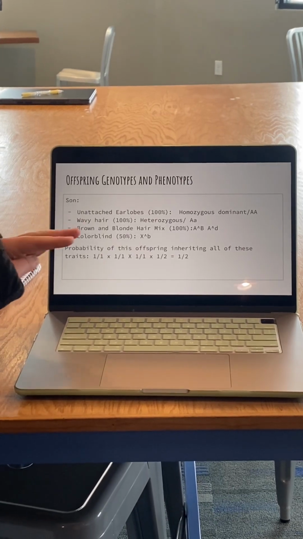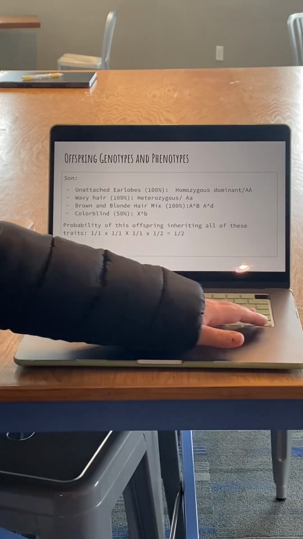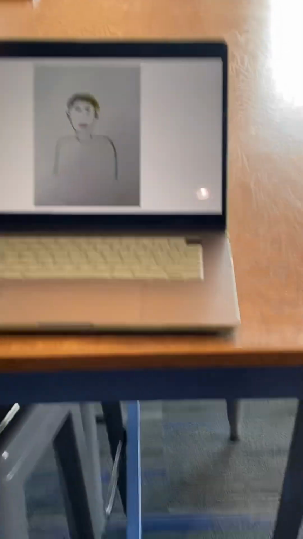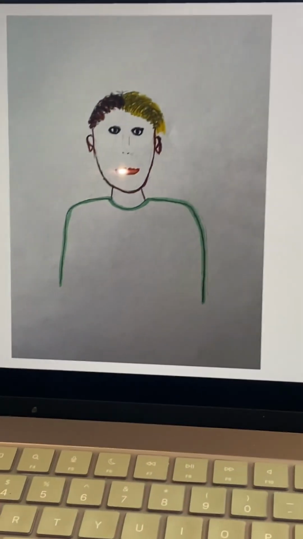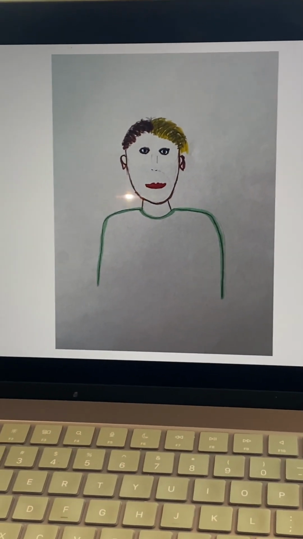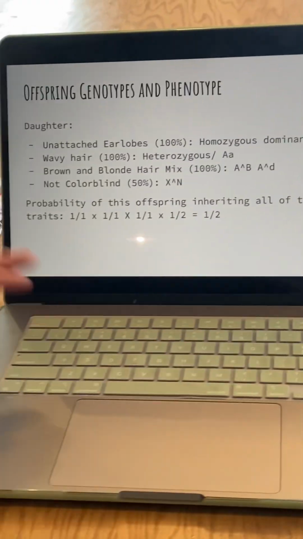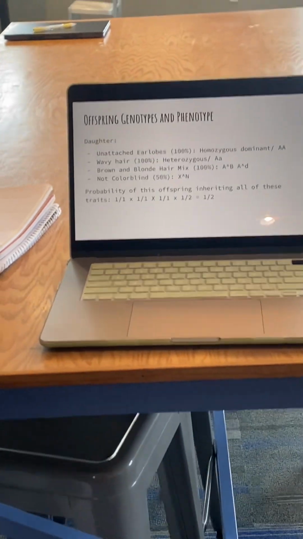So altogether with the multiplication rule, it equals 1/2 for him to have all of these traits. And you can see here the unattached earlobes, the codominance with the hair color, the wavy hair, and you can't see the color blindness.